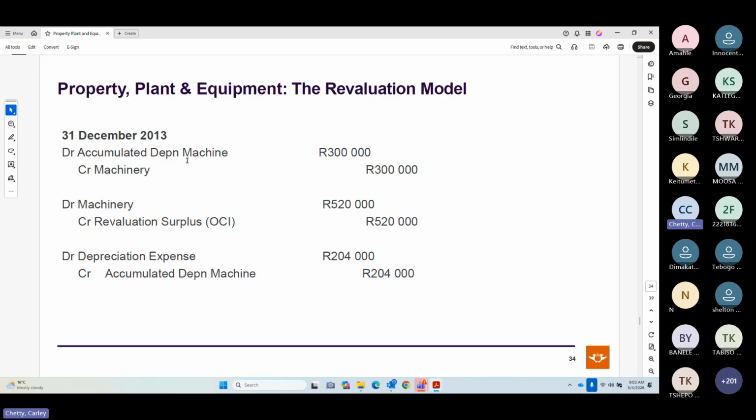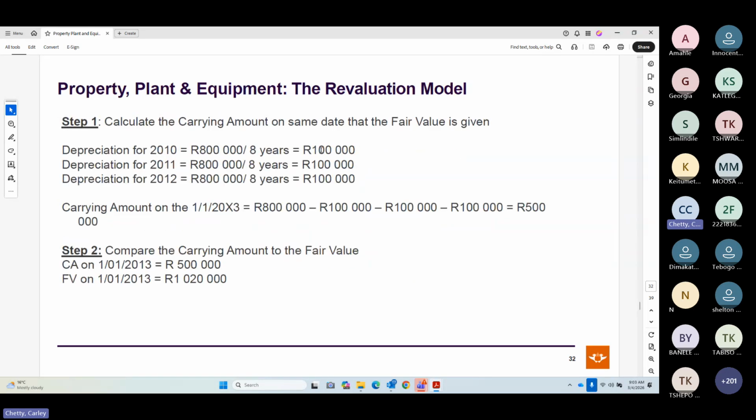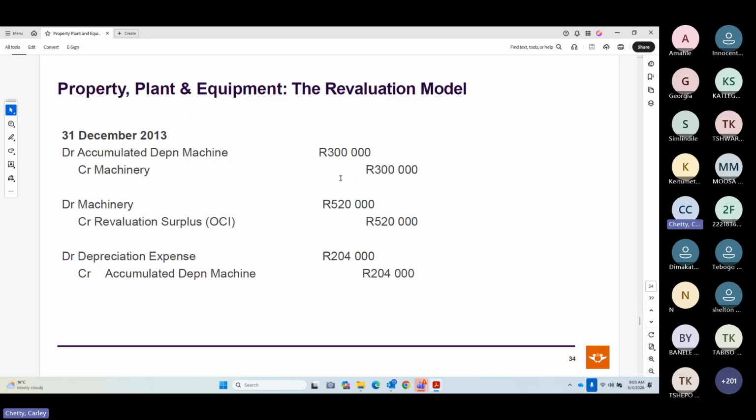And we do that by debiting accumulated depreciation. And the amount, remember we determined the depreciation earlier. We depreciated for 2010, 2011, and 2012. When we add all of these together, we get 300,000.